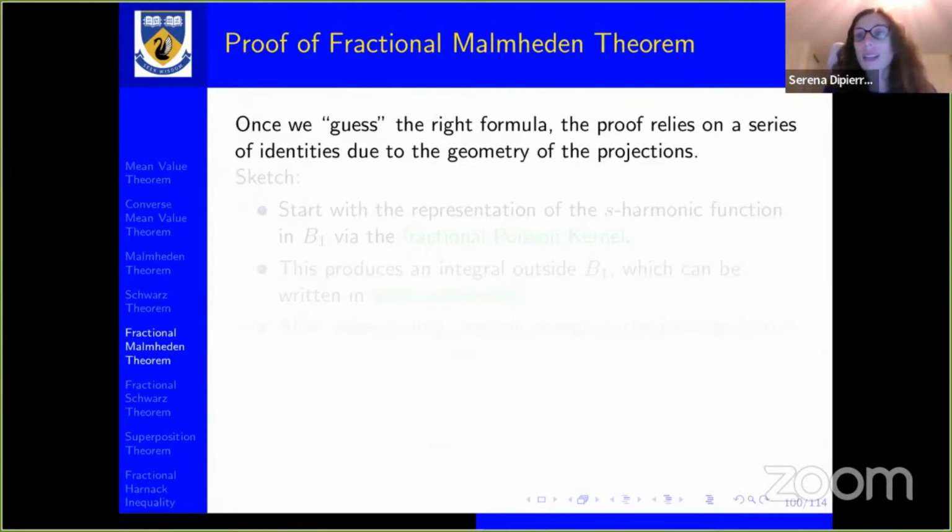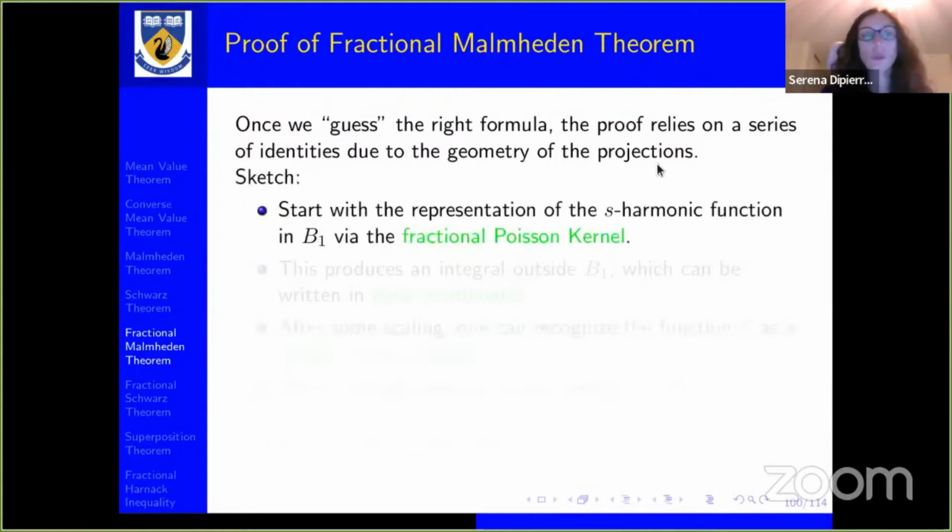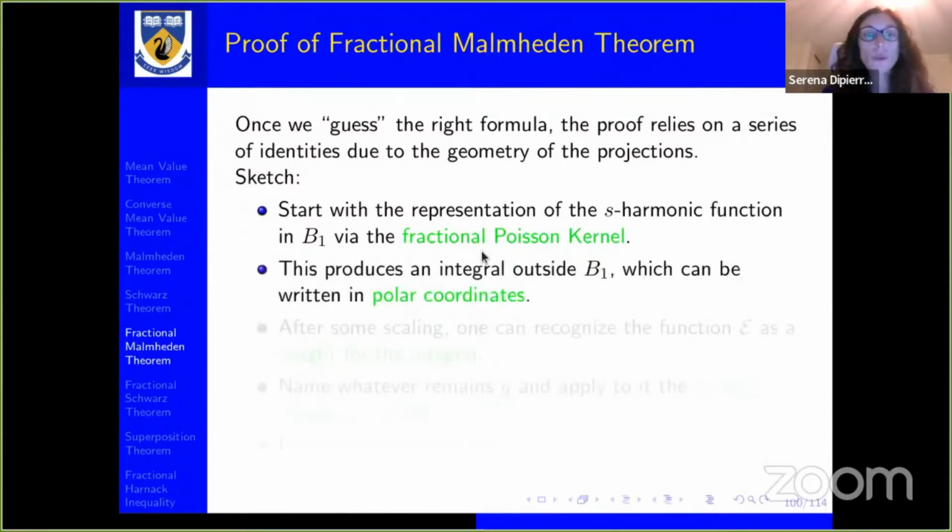Okay, so I'm not giving you the full proof of the fractional Malmheden theorem, but of course, once we guess the right formula from some geometric considerations, the proof relies on a series of identities due to the geometry of the projection. So what one does, as I was mentioning before, is start with the representation of the s-harmonic function in V1 using the fractional Poisson kernel. And this, of course, produces an integral in the complement of V1 that I can write in polar coordinates.